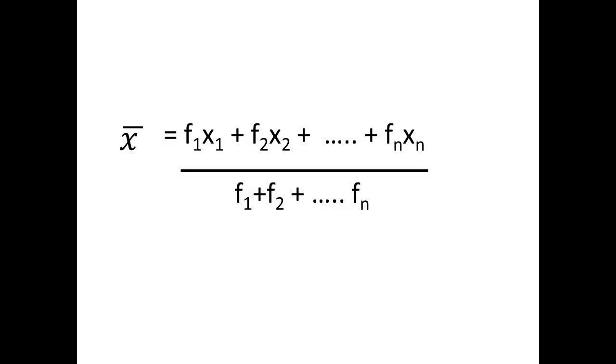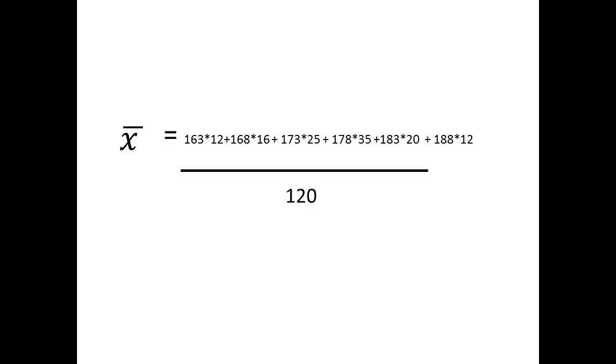way up to fn, which we have shown here as 163 multiplied by 12 plus 168 multiplied by 16 plus 173 multiplied by 25 plus 178 multiplied by 35 plus 183 multiplied by 20 plus 188 multiplied by 12 divided by 120.